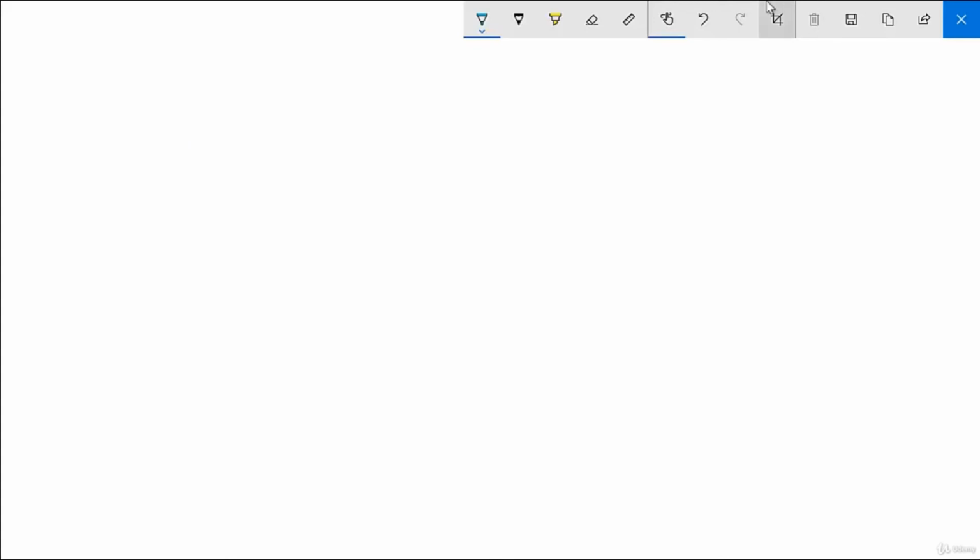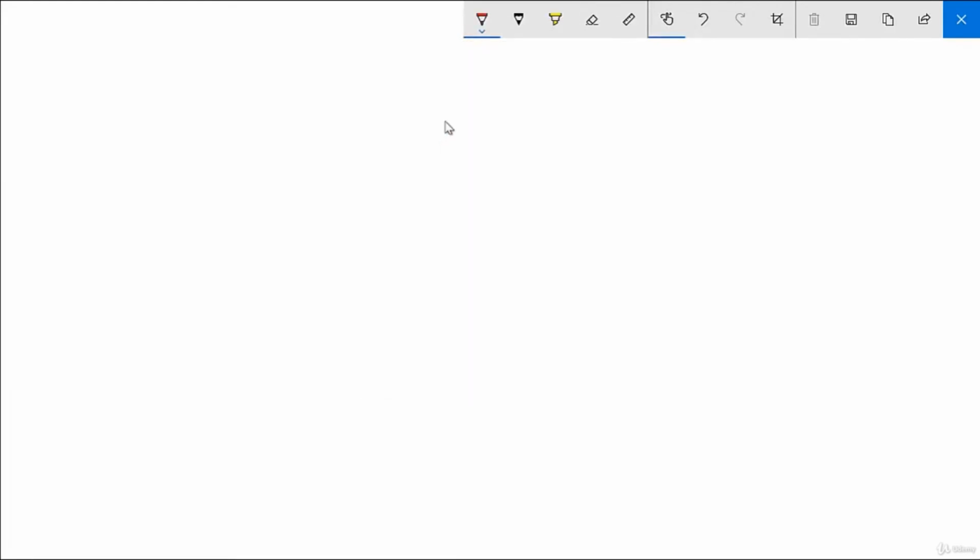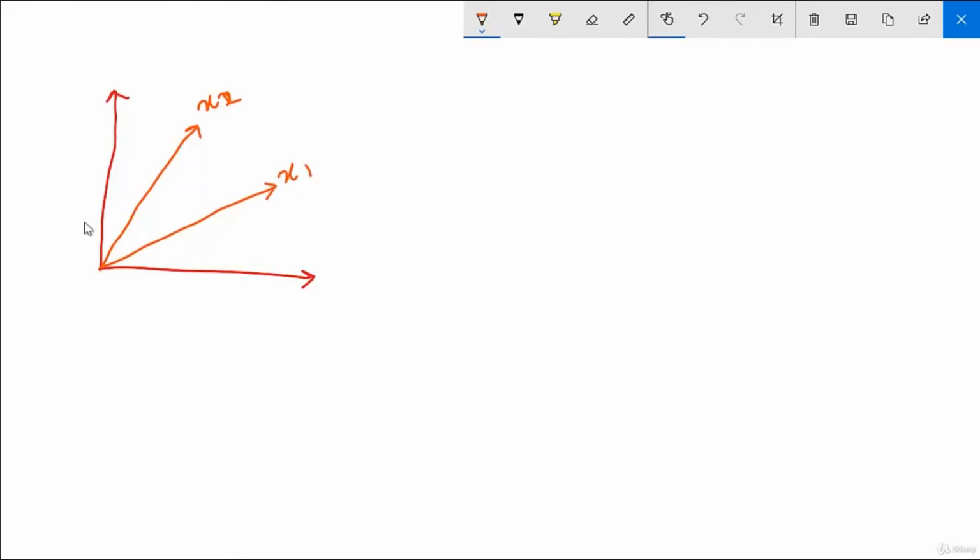Alright guys, so there is one more concept now. Let's take x1 and x2 here, and this is our theta.